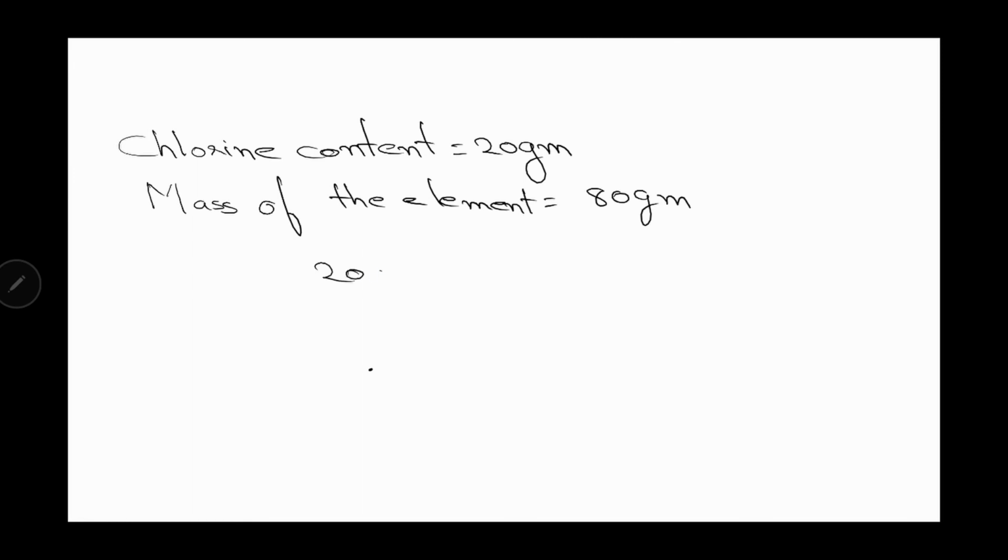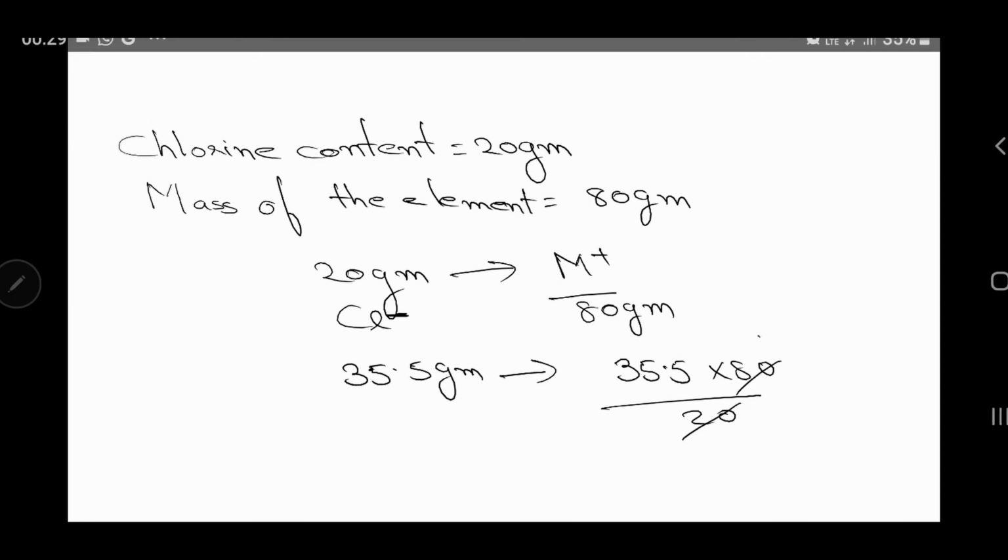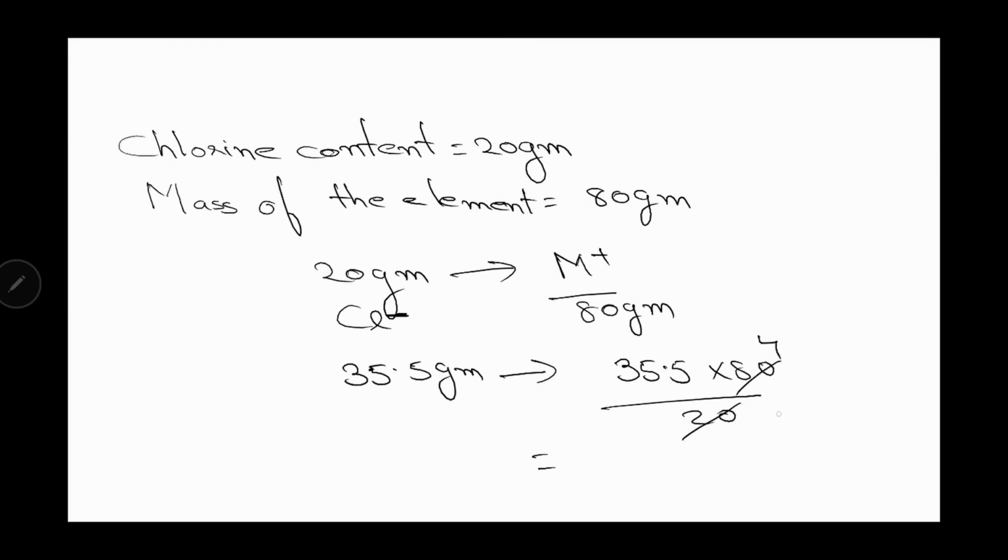We have 20 grams of chlorine or Cl minus reacting with 80 grams of metal, and therefore 35.5 grams of Cl minus will be combining with how much? 35.5 into 80 by 20. So that gives you how much? That comes out to 142. So the equivalent mass of this substance is 142 grams. So I hope that is clear to you.